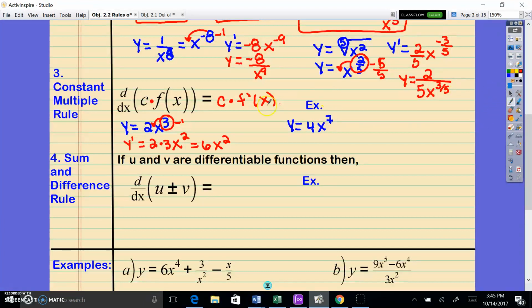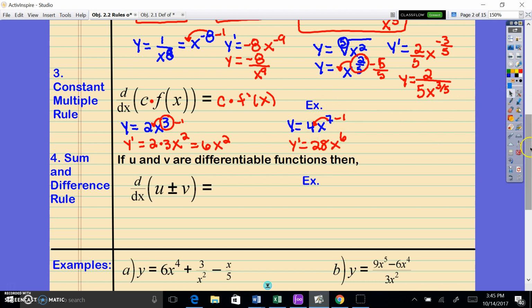Instead of that really long way, I'm going to take the derivative in my head. I'm just going to drop this to the front. I know there's a 4, so 4 times 7, that's 28. And then I'm going to subtract 1, so x to the 6th power. And I'm done. Okay? All right, so that one just says if there's a coefficient, multiply it by that power. Don't forget to subtract 1 on the power.